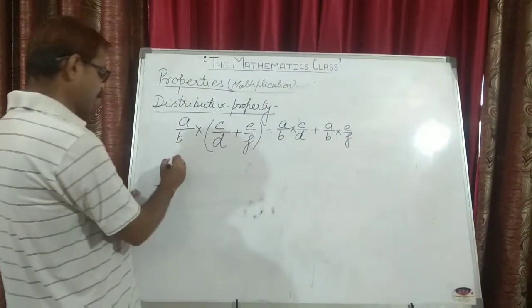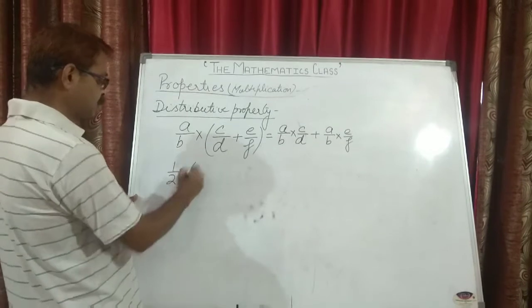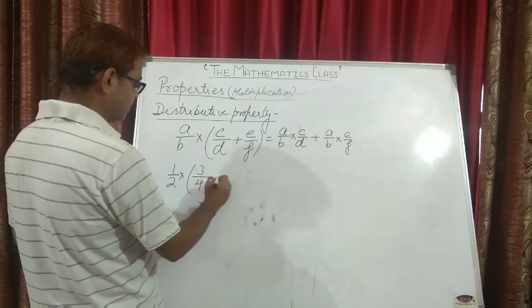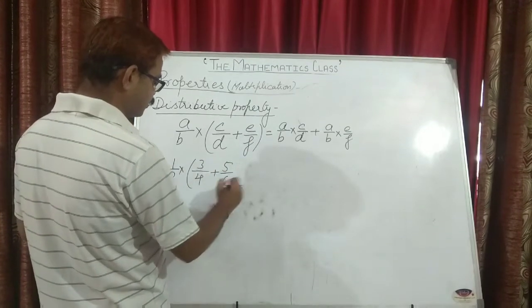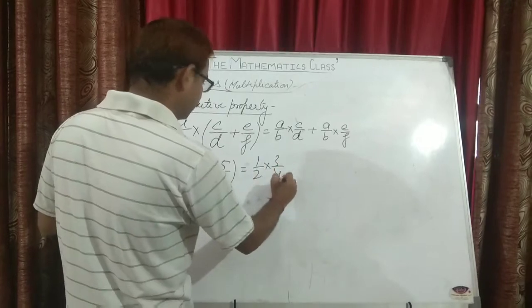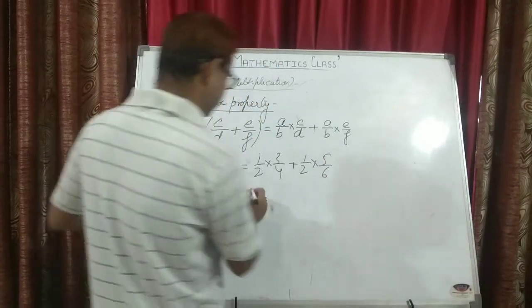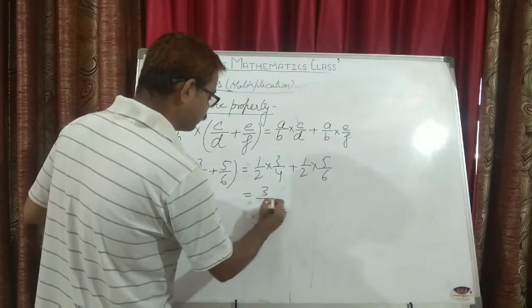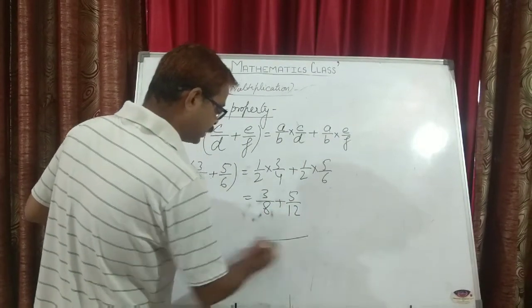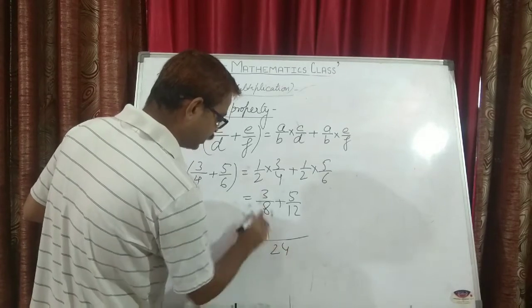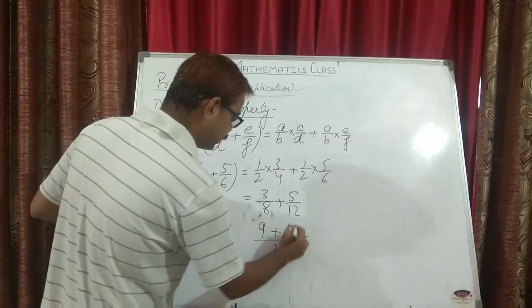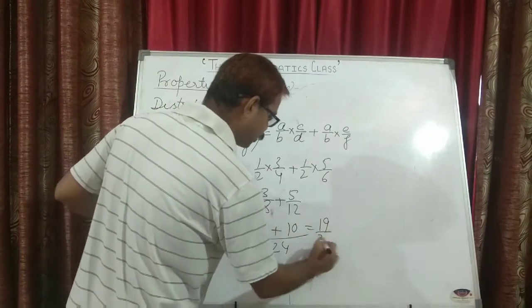Let's take an example. 1 upon 2 into 3 upon 4 plus 5 upon 6. So this can be written as 1 upon 2 into 3 upon 4, plus 1 upon 2 into 5 upon 6. So you multiply, 3 into 1 is 3, 4 2s are 8, plus 5 1s are 5, 6 2s are 12, and later on the LCM will be 24, 8 3s are 24, 3 3s are 9, plus 12 2s are 24, 5 2s are 10, it becomes 19 upon 24.